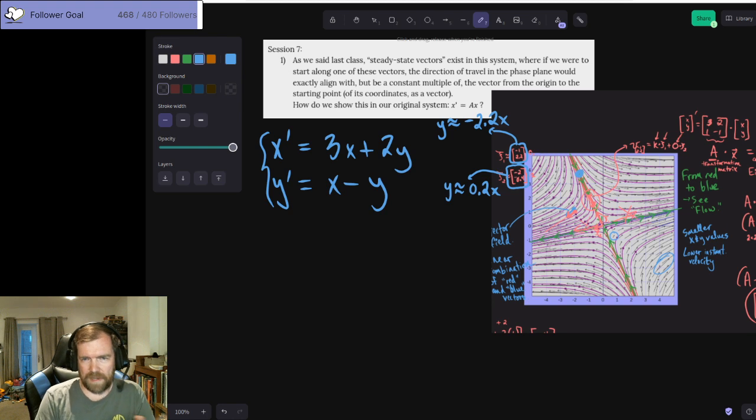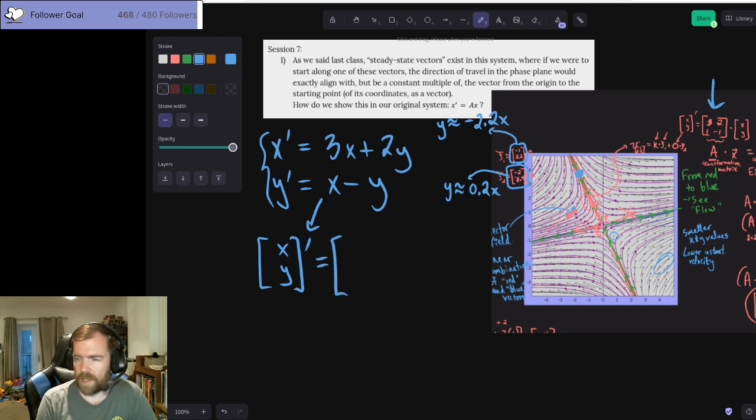So we had talked about that in the context of our system of differential equations, in matrix mode. So we switch this to xy prime is equal to an A matrix, which is a transformation matrix, 3, 2, 1, -1, which contains all of the coefficients of our system times our variable vector xy.